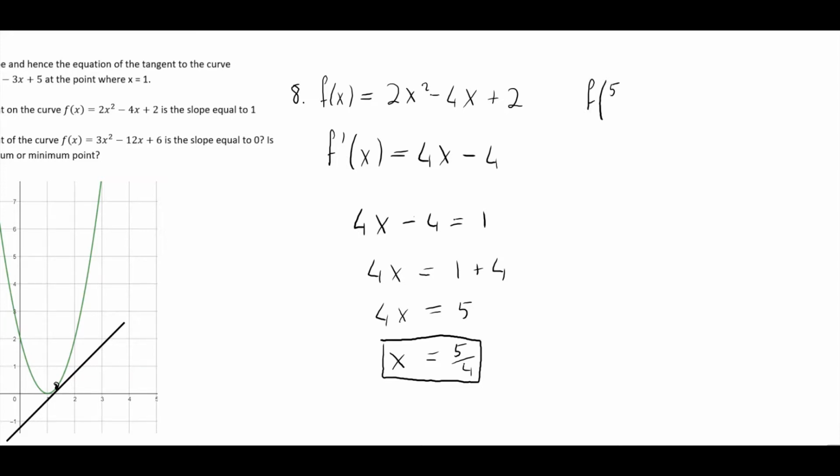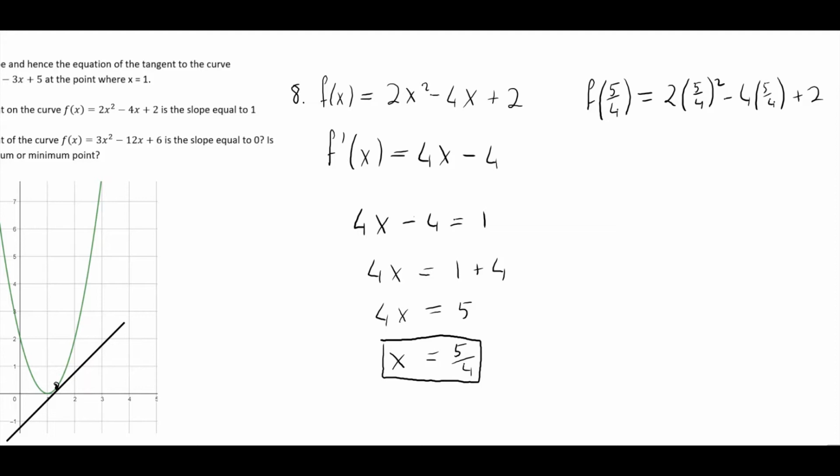Now, you can do this out in your calculator, and in fact, it'd probably be a good idea to do it out in your calculator, but just for the sake of it here, I'm going to go through it manually. So 2, and you're going to take 5 over 4, square that, minus 4, and then we're going to take 5 over 4, plus 2.